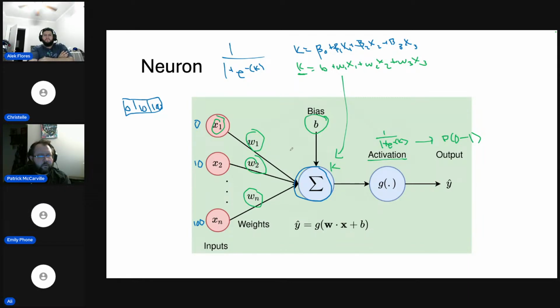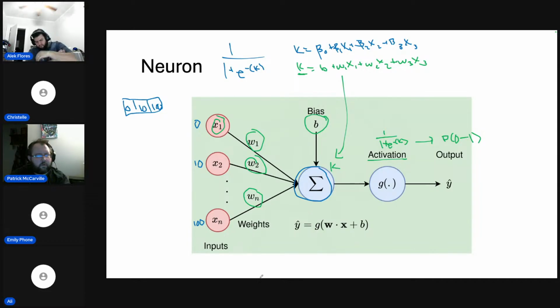However, there's different terminology. Instead of calling the betas parameters, they're typically called weights. So these w's are called weights along these edges from these input neurons. And the b here, instead of being called our intercept, is called our bias, and every neuron has a bias term.